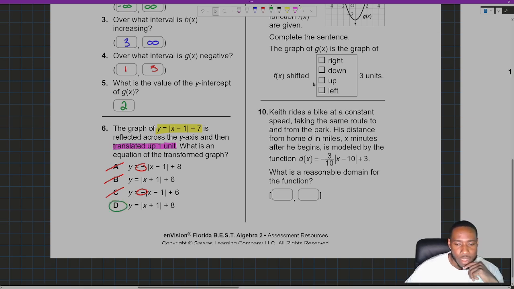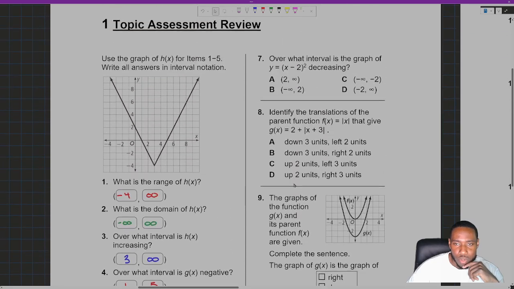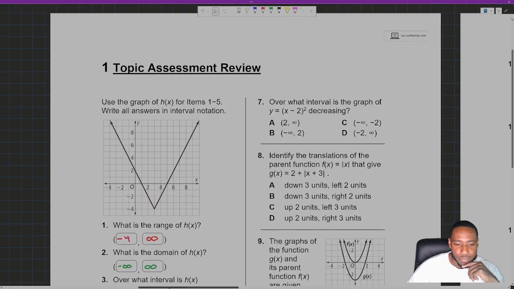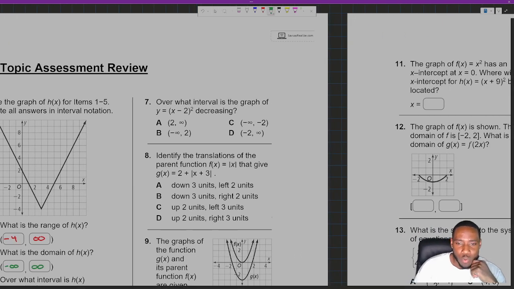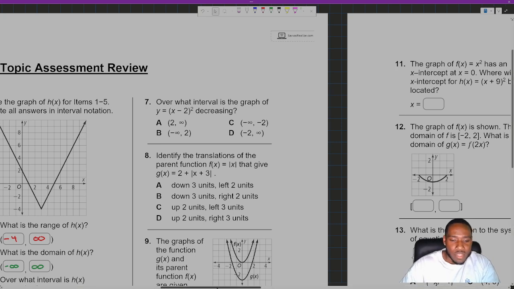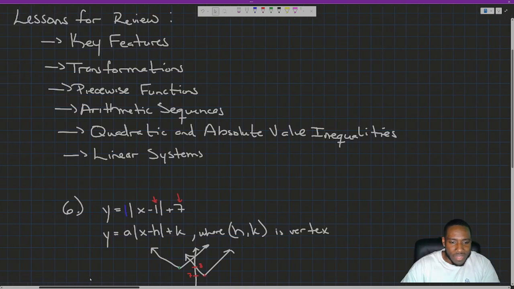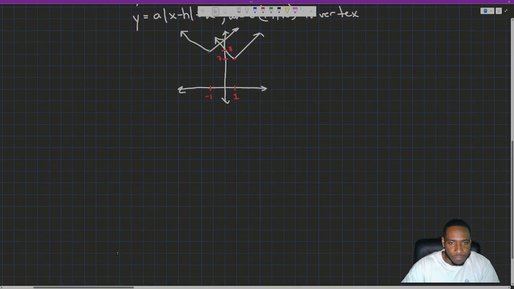Okay? We're going to move on to number 7. Number 7 asks us, over what interval is the graph of y equals (x minus 2) squared decreasing? And so we're going to do another little practice in sketching our graphs.